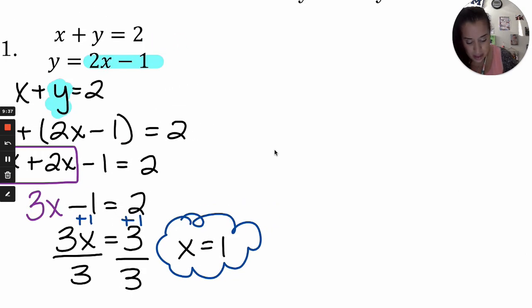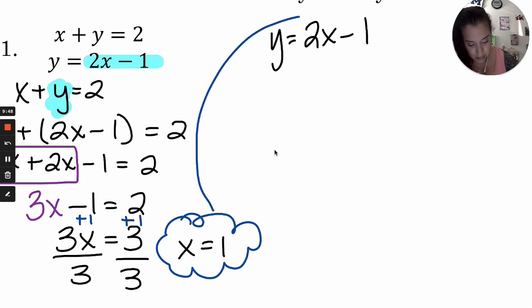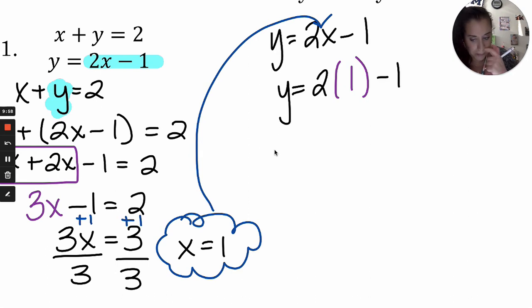So we have our y equals 2x minus 1. So we're going to take this baby and plug it in for x. So we get y equals 2 times 1 minus 1, which is the same thing as 2 minus 1.